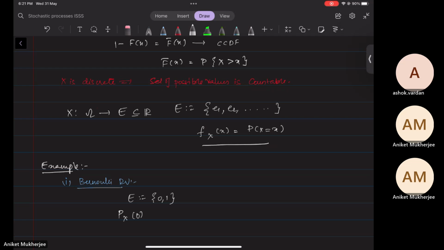The probability that X equals 0 is 1 minus p. And for 1, the event that you're interested in, the probability is p. This is known as the success probability.